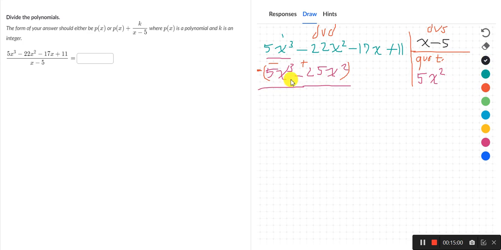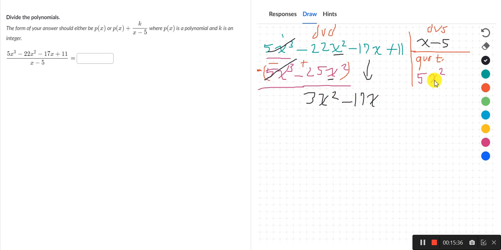And if you can see, the first one cancels out, and you're left with your second term, which is 25 positive minus 22x. Remember that whenever you have the same term on both sides, you subtract the coefficients. So 25 minus 22 is 3x squared. You get this one down, minus 17x.